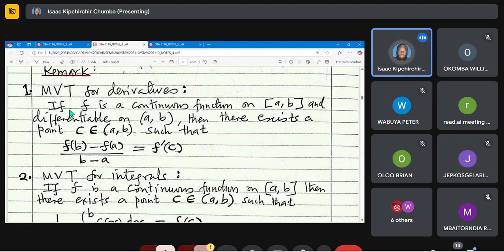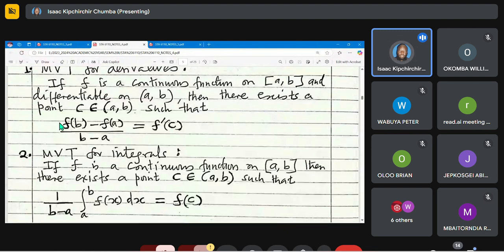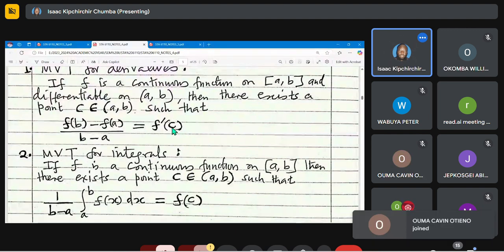You can see for derivatives, this is just calculus: if you have f, which is a continuous function on the closed interval and differentiable on the open interval, then there exists a point c within the open interval such that f of b minus f of a over b minus a is the derivative of f evaluated at c. That is the mean value theorem for derivatives.